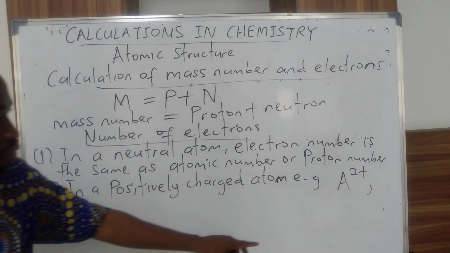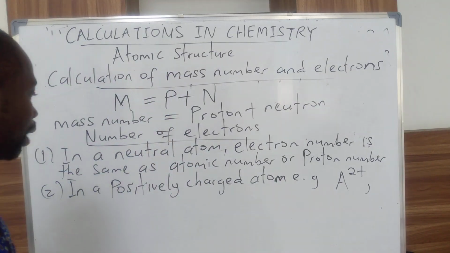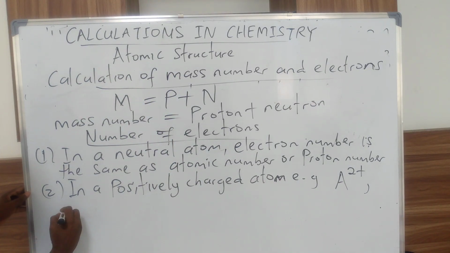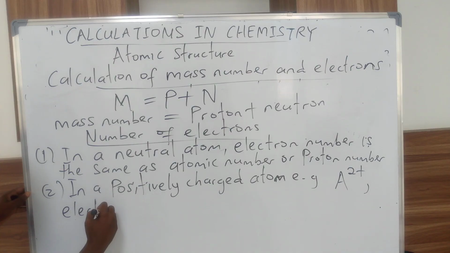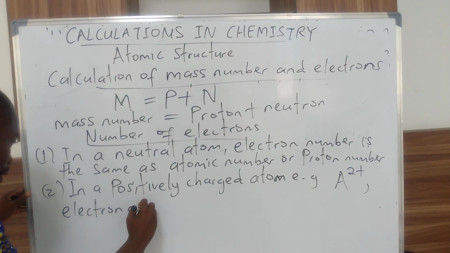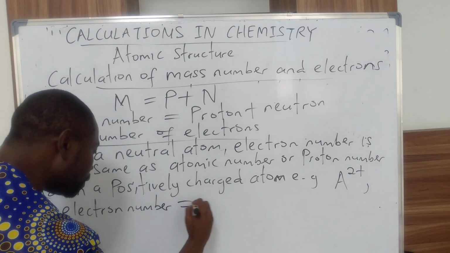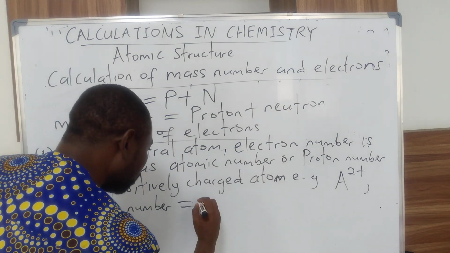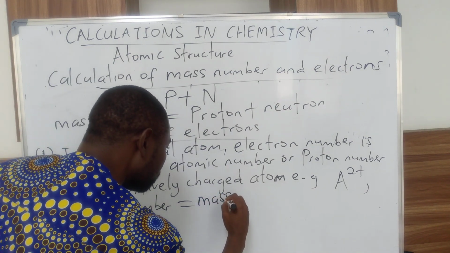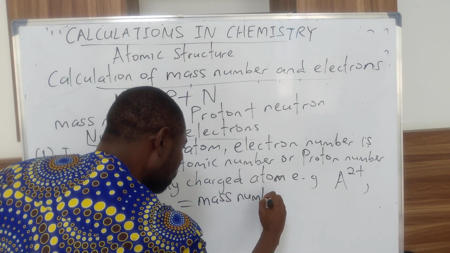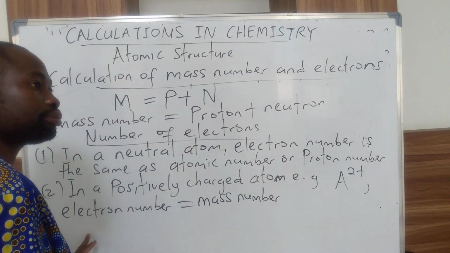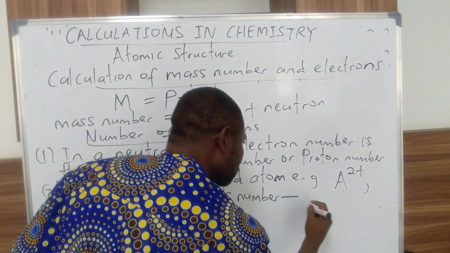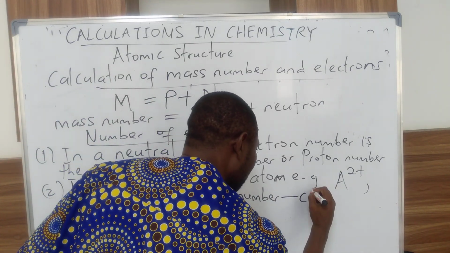Anytime you have a positively charged atom, your electron number is going to be the mass number minus the charge number.